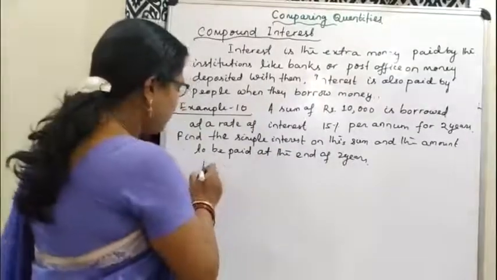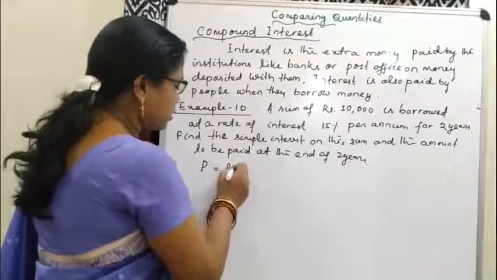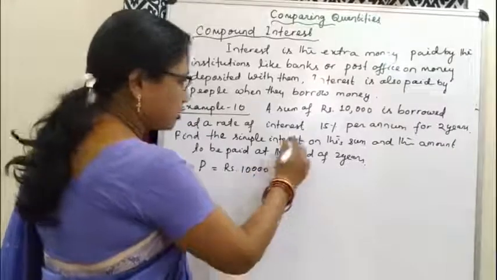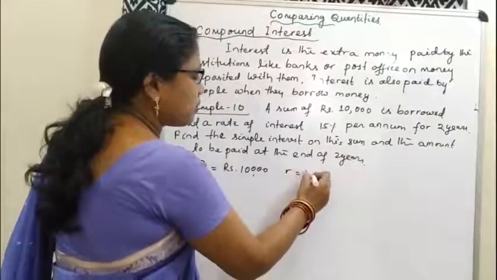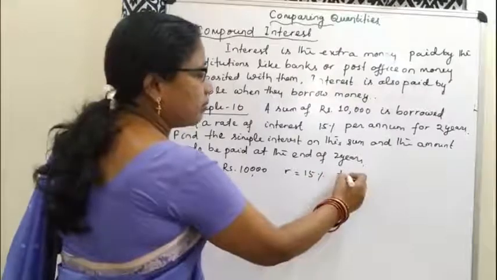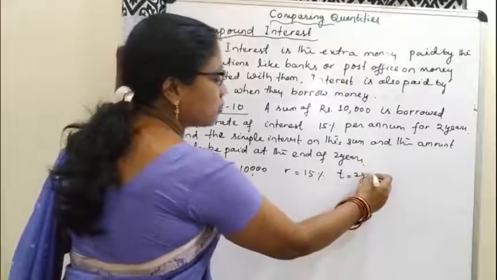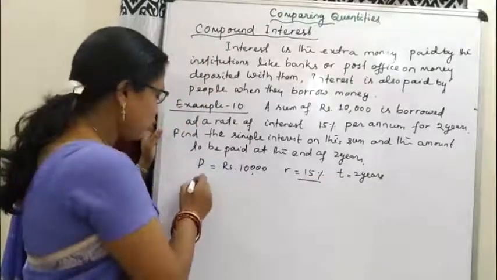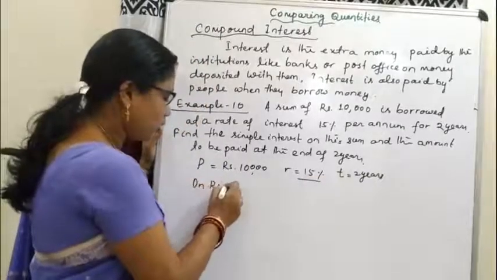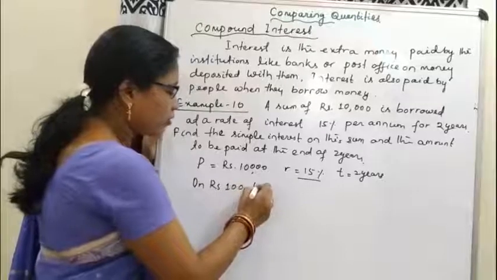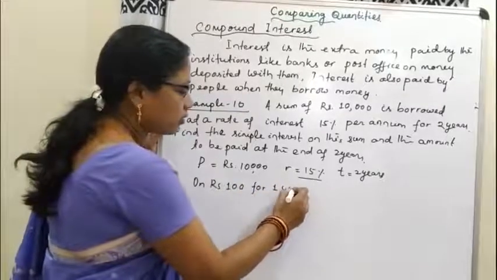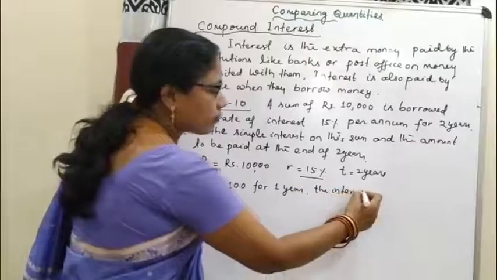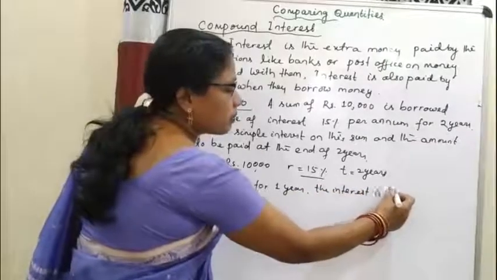Here the principal amount is rupees 10,000. The rate of interest is 15%, and time is 2 years. Rate of interest 15% means on rupees 100 for 1 year the interest is rupees 15.